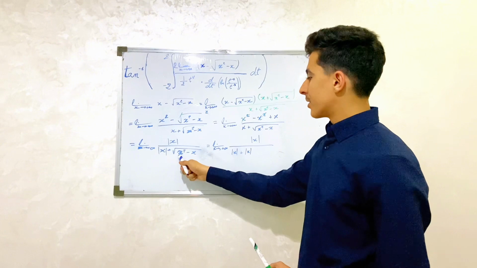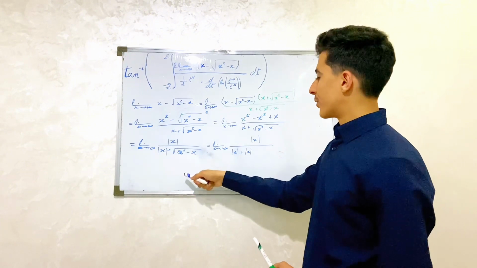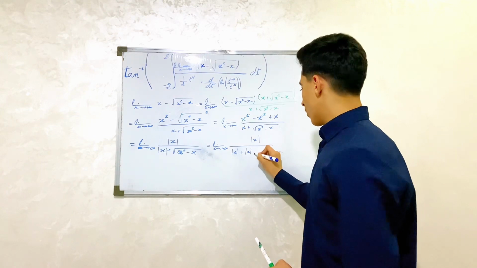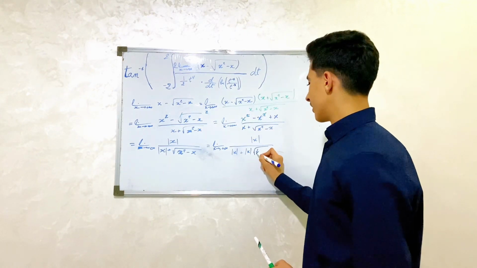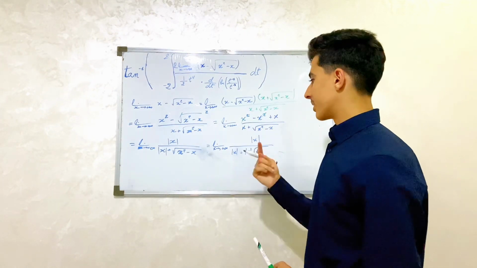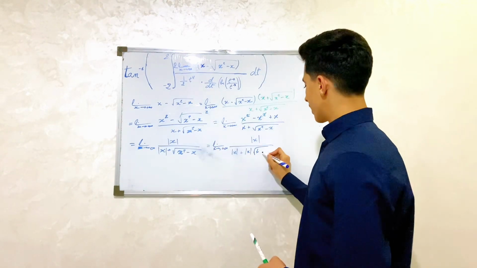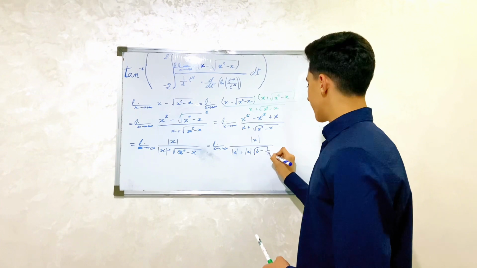The square root of x squared over x, the square root of x squared is basically 1. x squared divided by x squared is 1. x divided by x squared is 1 over x. So we have minus 1 over x.